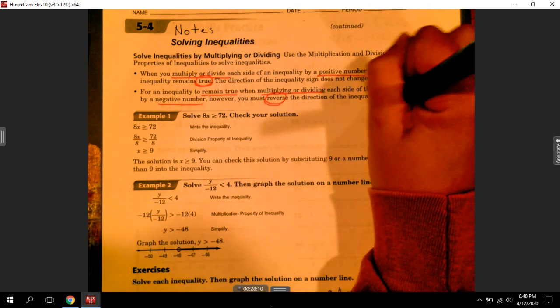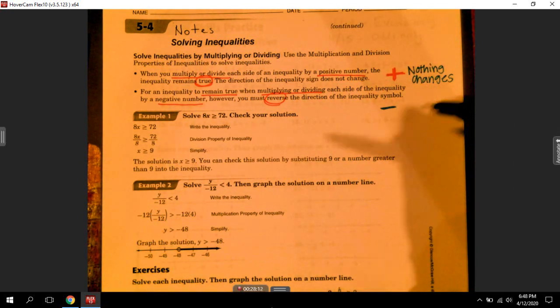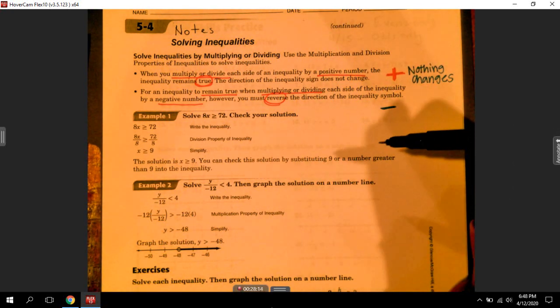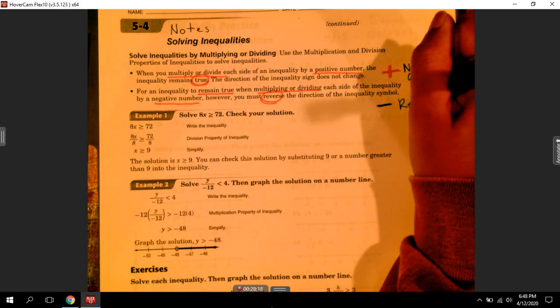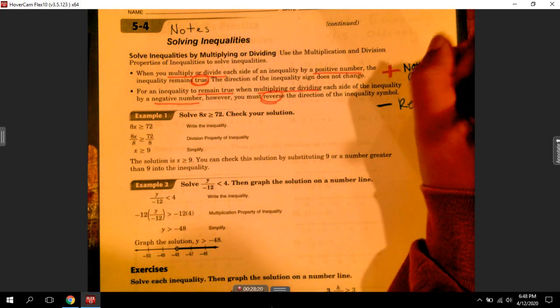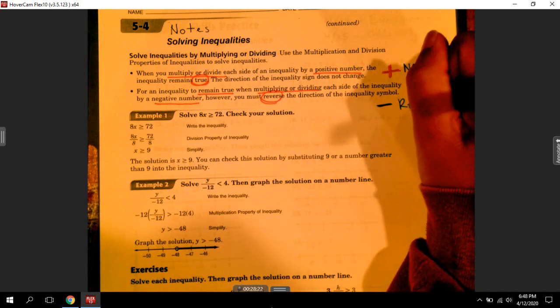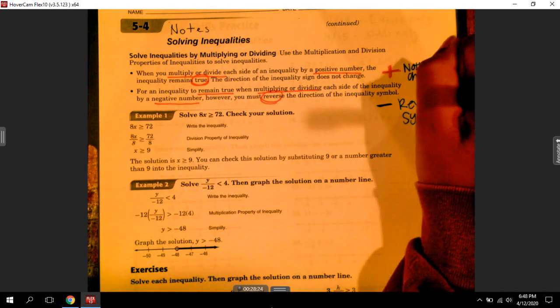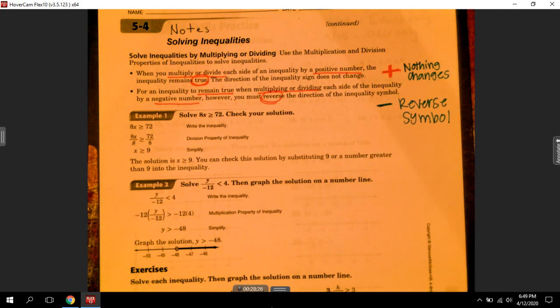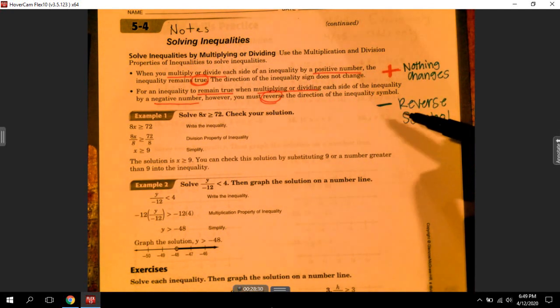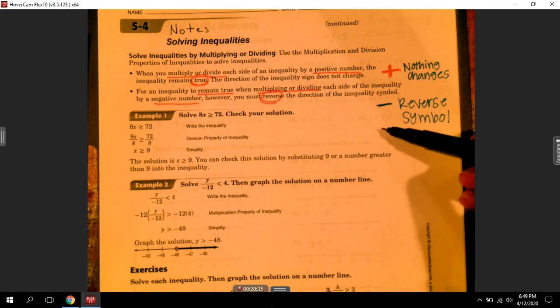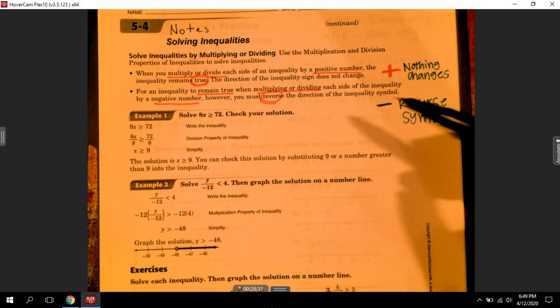If you're multiplying or dividing by a negative number, you reverse the symbol. So positive is easy, nothing changes. If you're dividing or multiplying by a negative, you're just flipping the symbol. So a less than would become a greater than, or a greater than would become a less than.